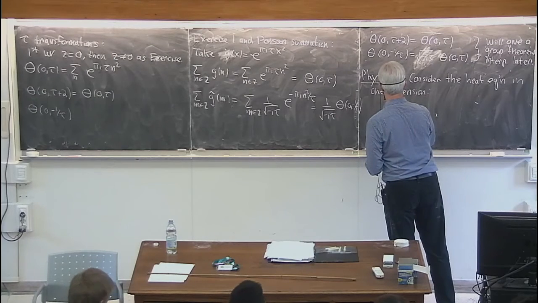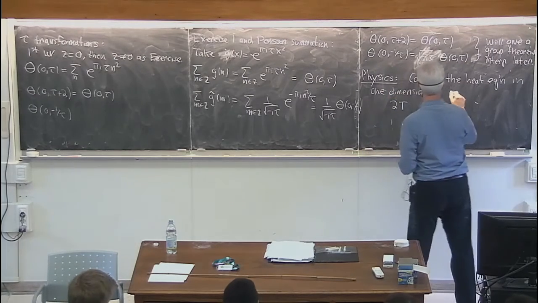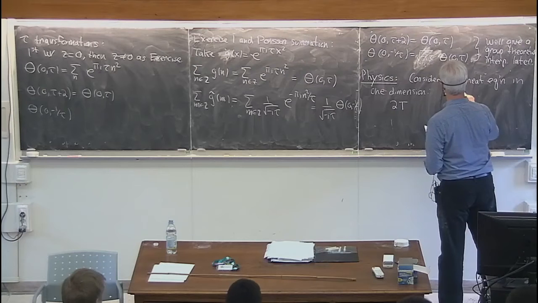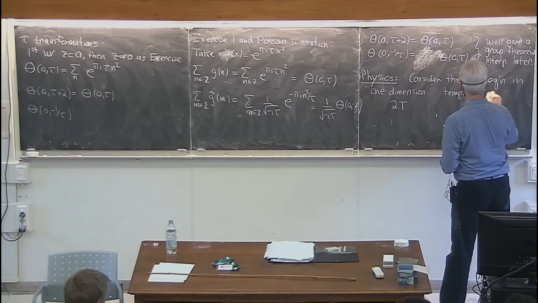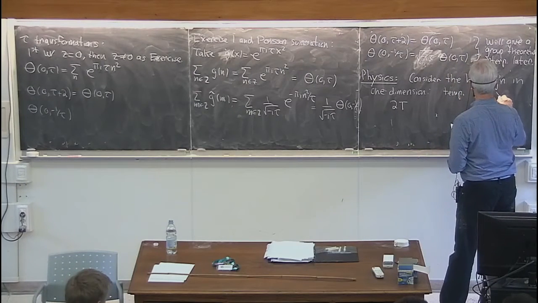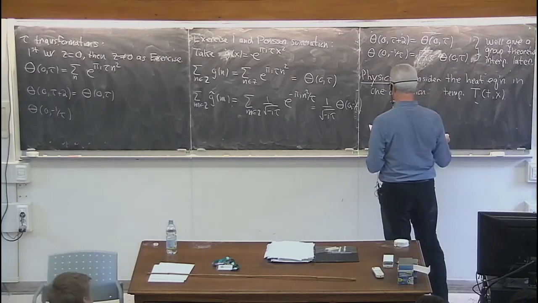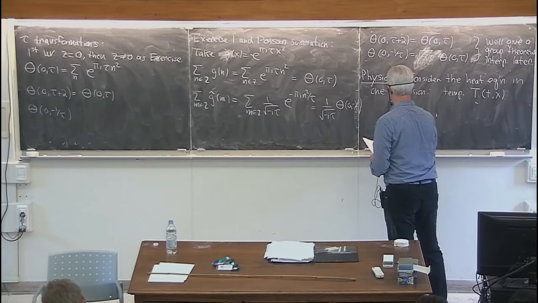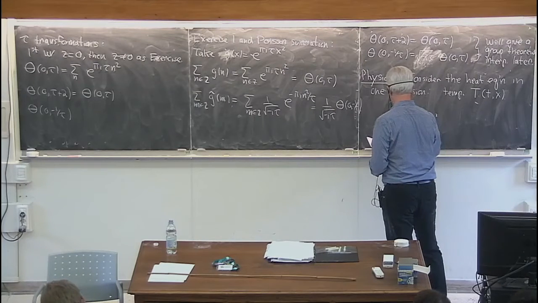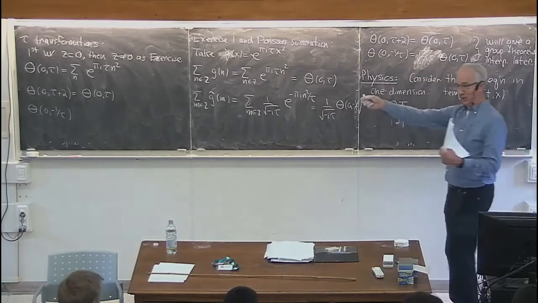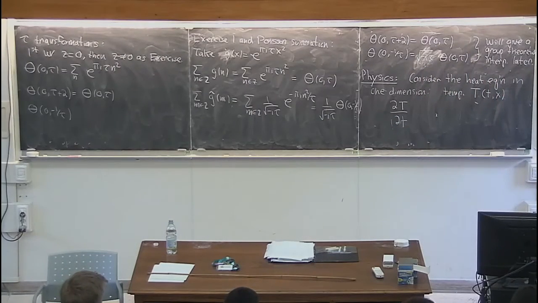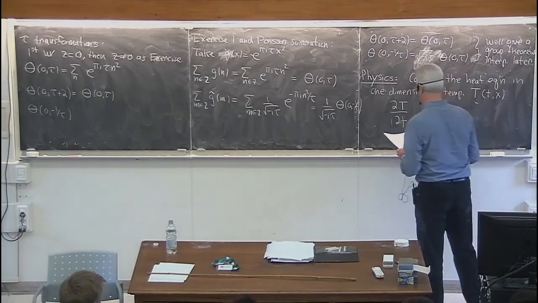So this is an equation for a temperature, T, that depends on time and depends on one spatial coordinate. It's not very realistic physically because we don't have too many things that are exactly one-dimensional, but if you had a very long, thin rod, this wouldn't be too bad an approximation.